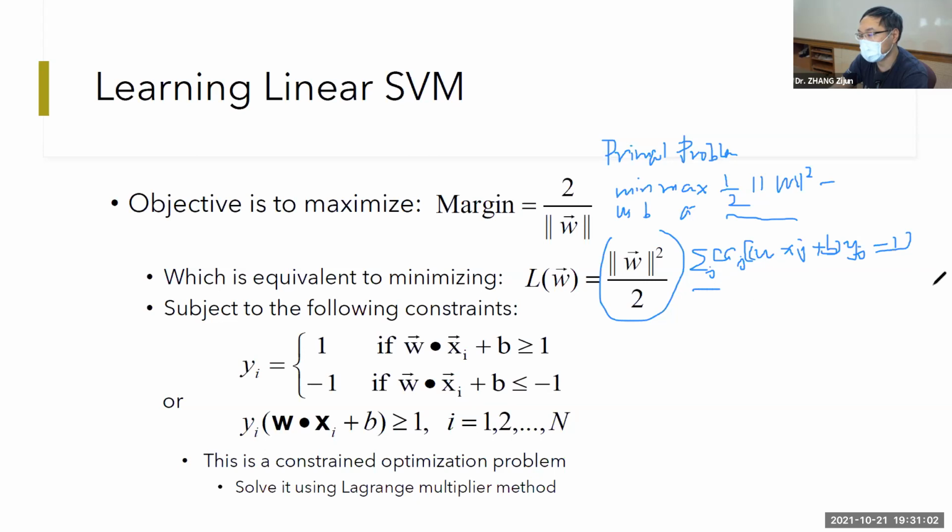Okay, so this is the penalty. Such a problem can be transformed to its dual form. Based on transforming to the dual form, we can switch the max-min order.